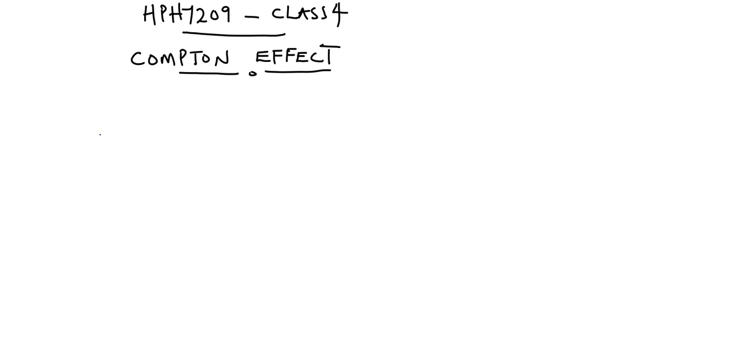So we had light or photon striking an electron. What happened in the photoelectric effect was that the photon knocks out the electron in the metal. The photon has sufficient frequency, which we call the threshold frequency.